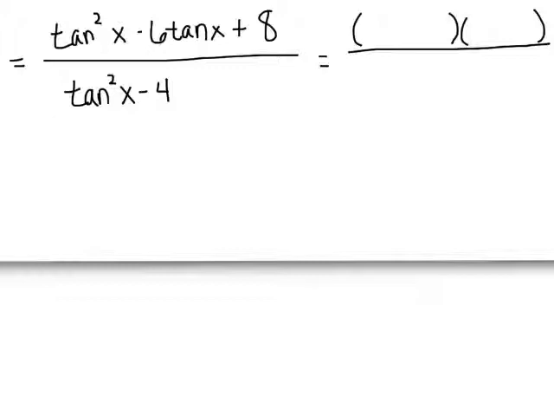Well, tangent squared is simply tangent times tangent. Now, multiplies to 8, yet adds to negative 6. So I know 8 can be 1 times 8 or 2 times 4. Well, 2 and 4 can add to negative 6 if both of those numbers are negative. Okay, and now this bottom part, hopefully, even though we haven't seen this, this is a difference of squares, just like all the other ones are.